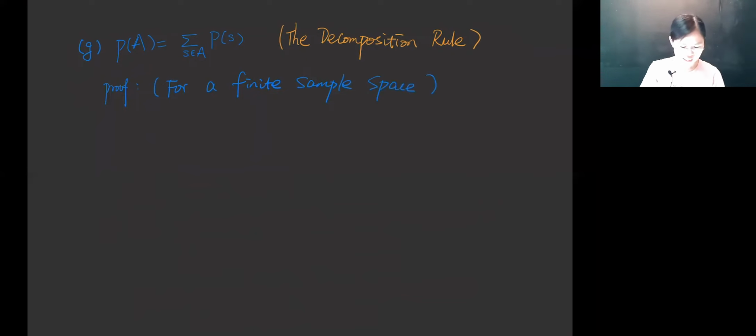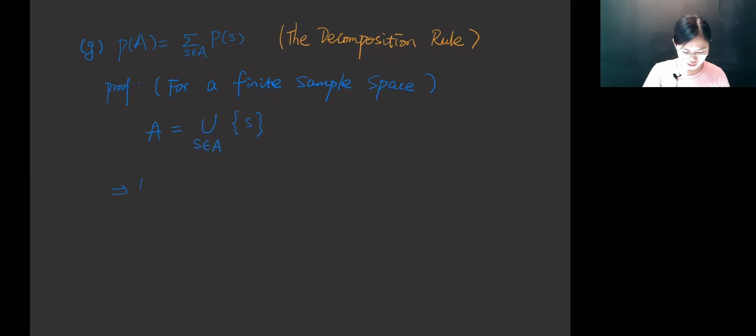For a finite sample space, any set A must contain only a finite number of elements. So it is the union of a finite number of single point sets. And these single point sets are disjoint by definition because one point is different from another point.